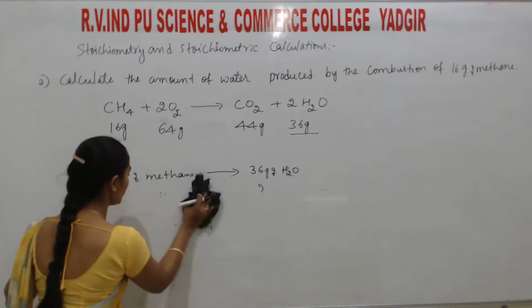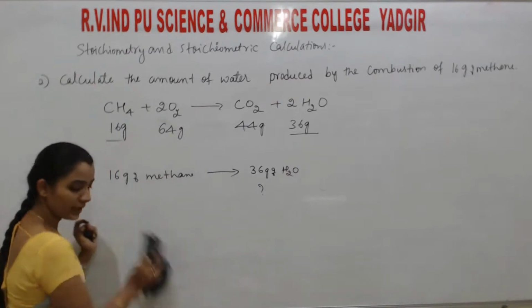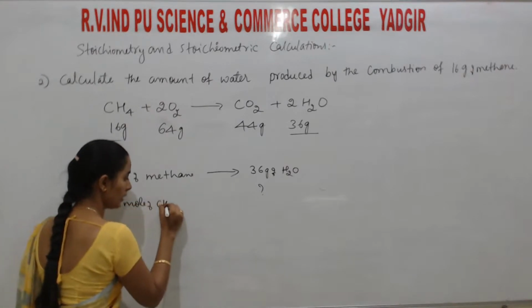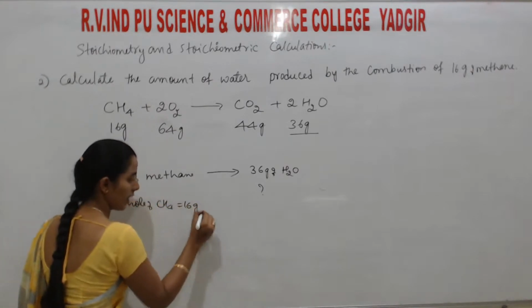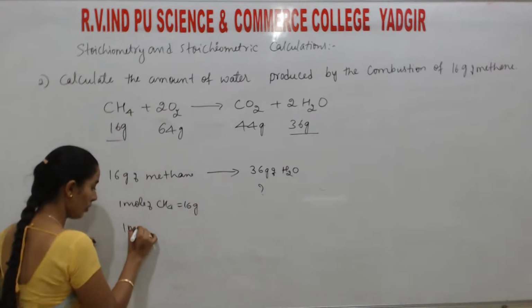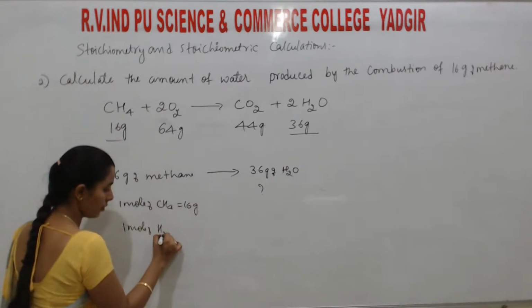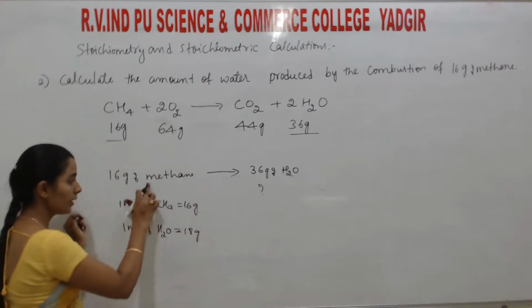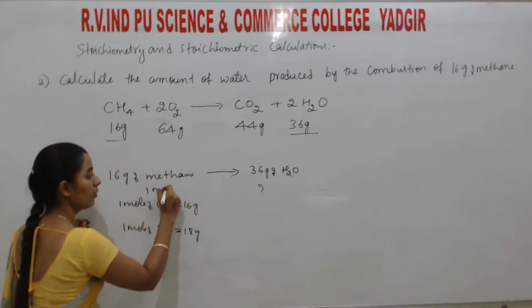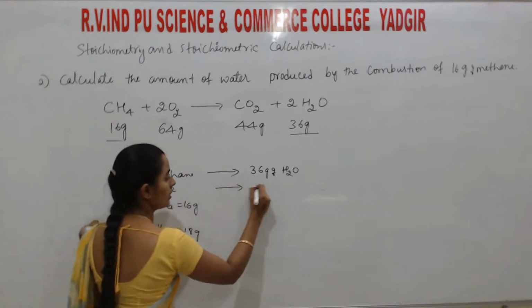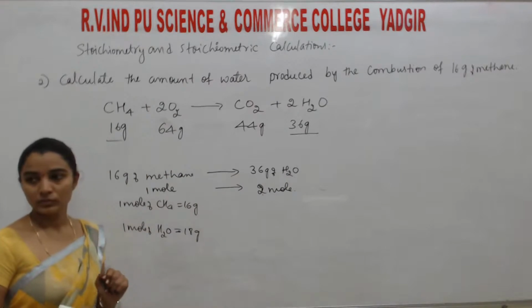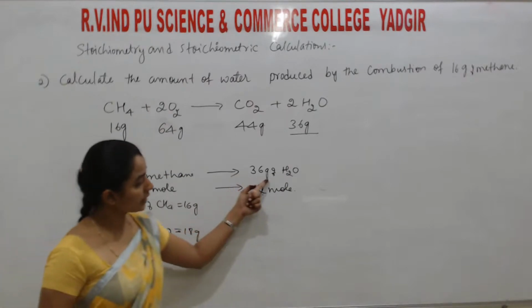By comparing, we can easily write: 1 mole of methane is equal to 16 grams, 1 mole of H2O is equal to 18 grams. 1 mole of methane gives 2 moles of H2O, so this is 36 grams.